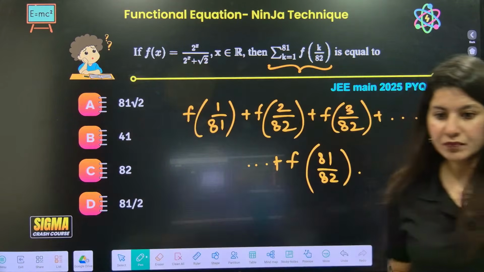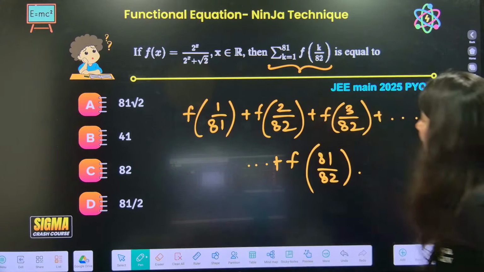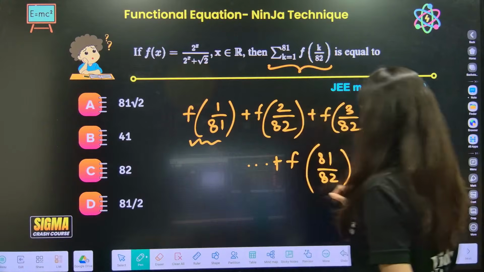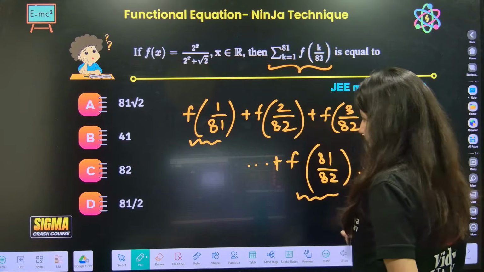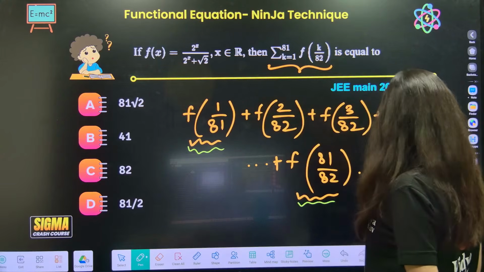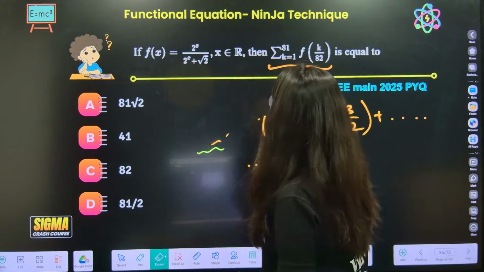Correct? Okay. This is what we need to figure out. Now, if you look at it, you will be like, ma'am, first term and last term. Okay. So you need to combine first and last. Let me create a space.